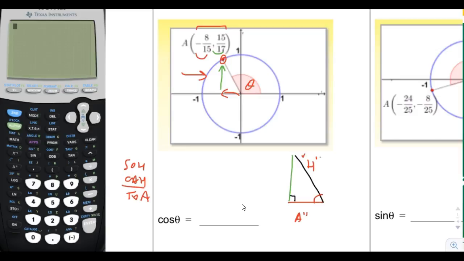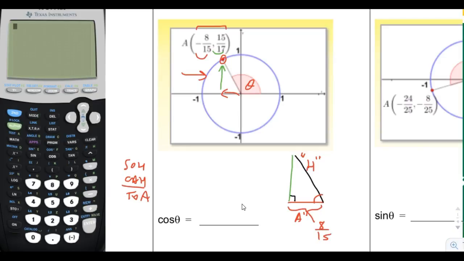So let's figure out how long each of these measures is. The adjacent is the red line. The red line is the x-coordinate. Do you see how the x-coordinate is negative 8/15? So that means that this distance here is 8/15.